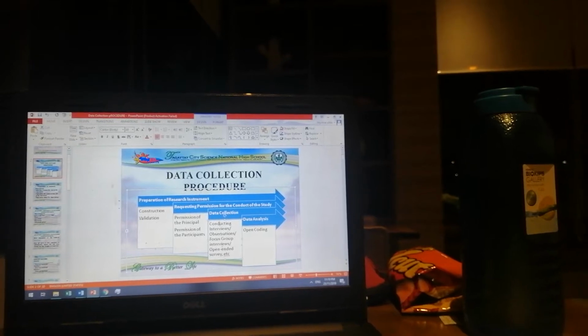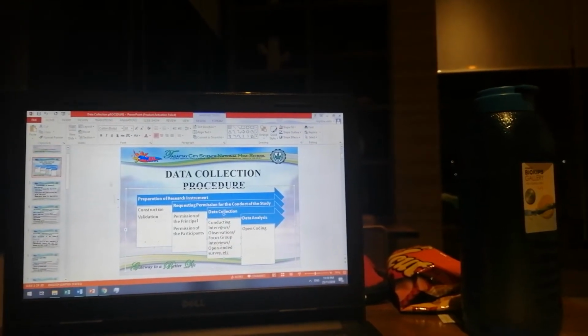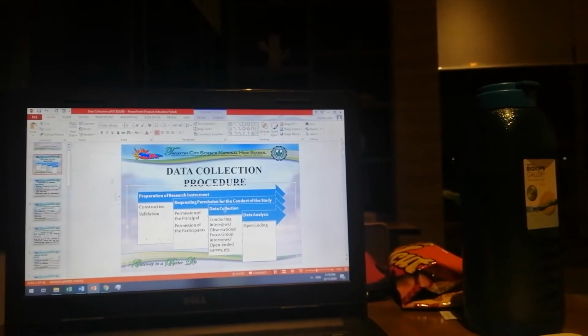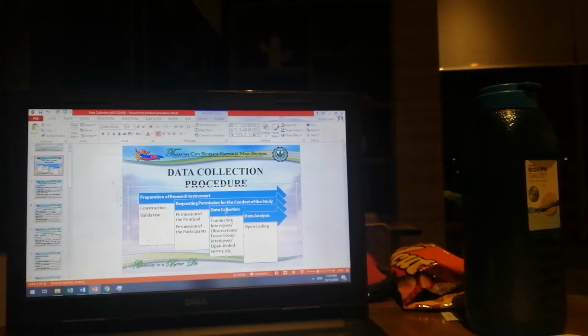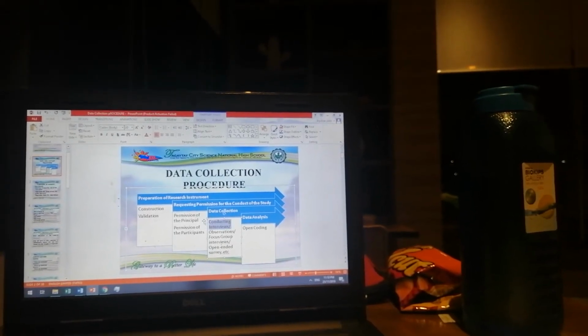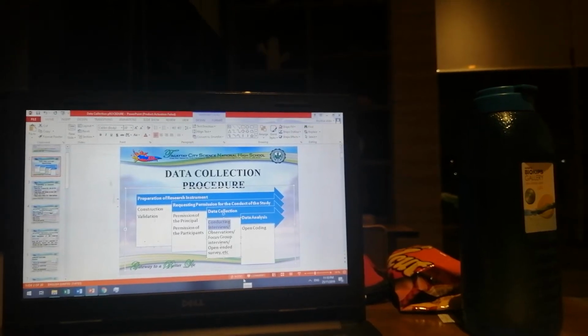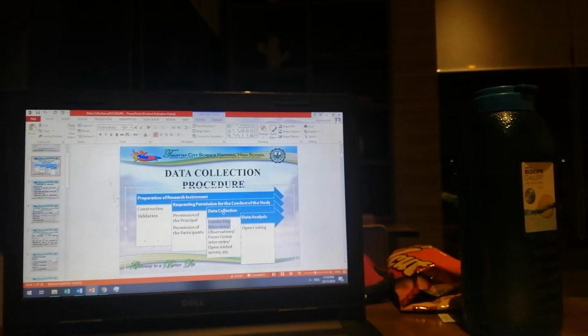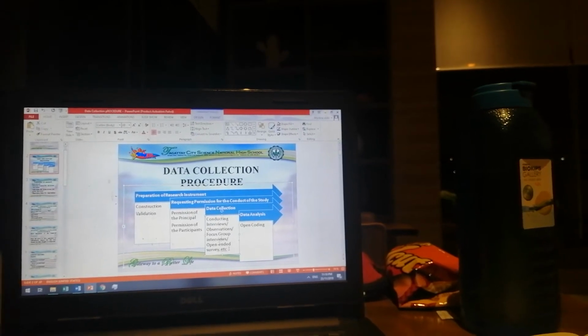Okay, so you have to indicate in this portion the way in which you would collect the data. If you will be conducting interviews, just indicate you will be conducting interviews. But if you will be conducting quantitative research, please indicate that you will be conducting a survey questionnaire.